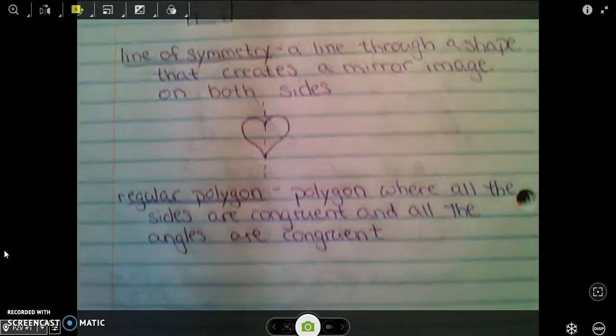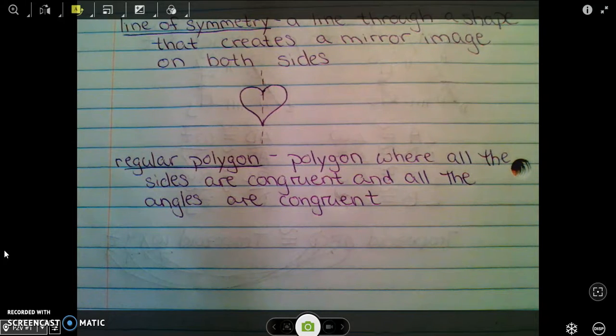So the sides and angles are congruent within the shape. That's a regular polygon.